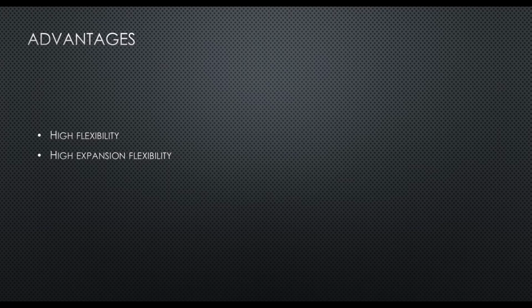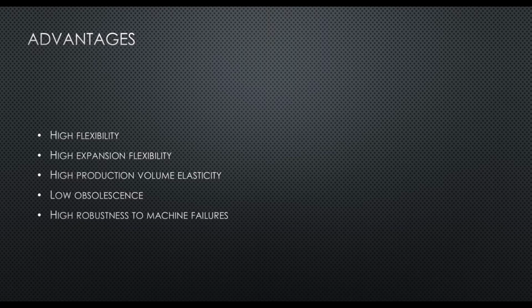And third is high production volume elasticity due to the small increments to productive capacities. And the fourth one is low obsolescence, meaning machines are typically multi-purpose, so we can use one machine for different purposes. And the last one is fewer machine failures. These are the 5 advantages of any job shop production system.